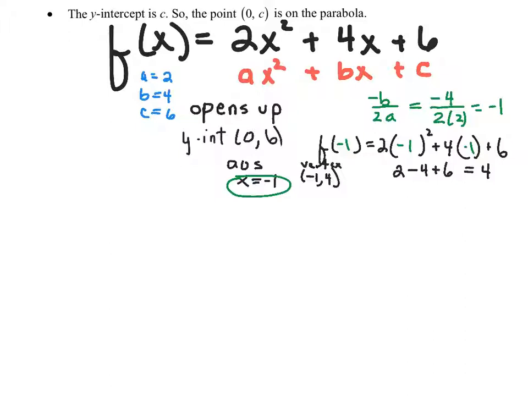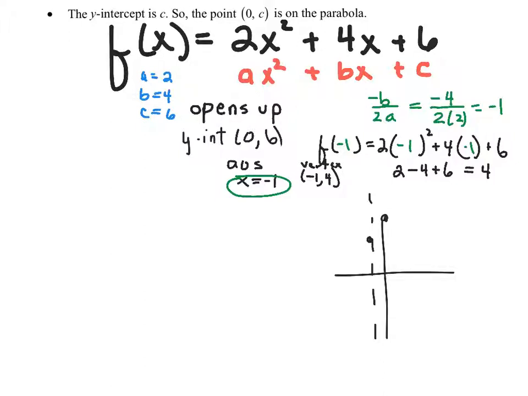This should be enough information for us to be able to graph our quadratic, because with the vertex at negative 1, 4, we can put our vertex, so it's going to be negative 1, 4. We'll say that's right about there. We have our axis of symmetry that goes through that, and we usually use a dashed line to show axis of symmetry. We have our y-intercept at 0, 6, which is going to be right there.